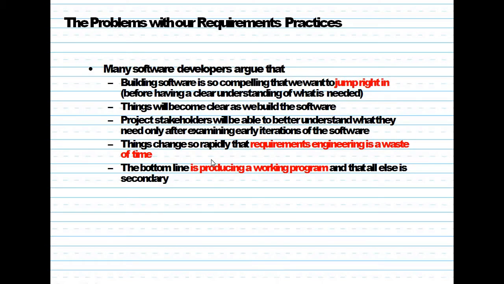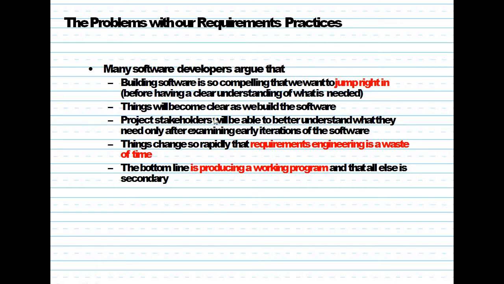Many software developers argue that, first, building software is so compelling that we want to jump right in, before having a clear understanding of what is needed. Second, things will become clear as we build the software. If our requirement is clear, if we understand what is needed, then we can build the software.